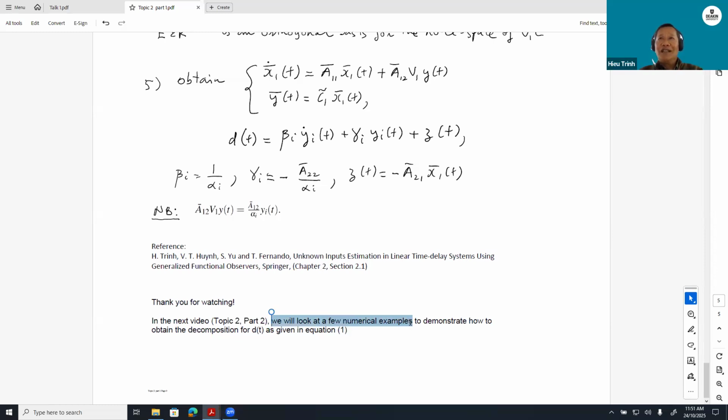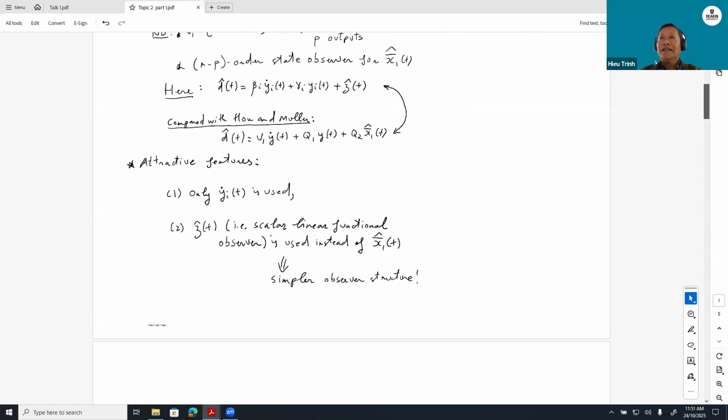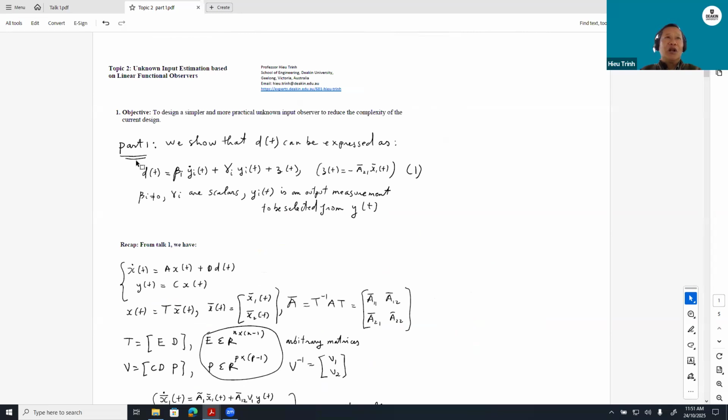We will show using MATLAB how we can obtain the decomposition according to this expression. We will explain how we can systematically decompose and obtain the unknown input in this form.